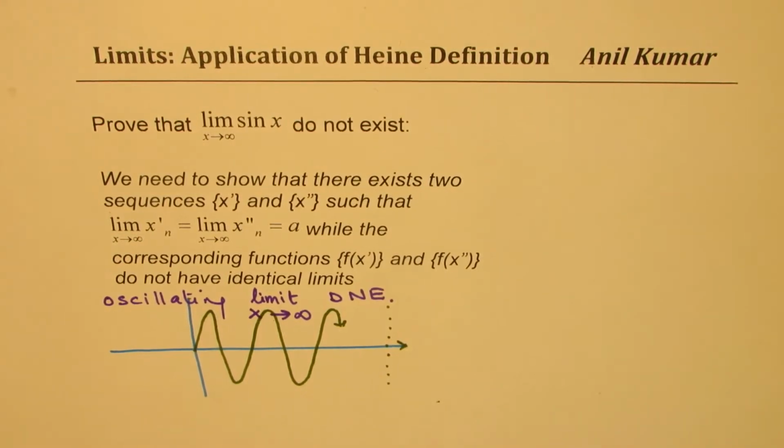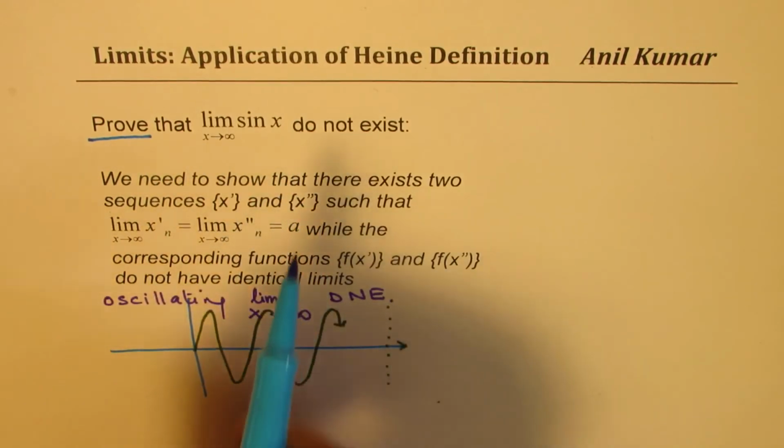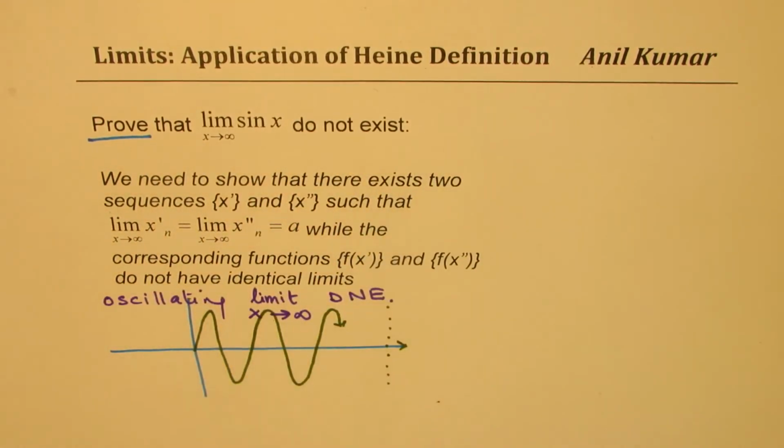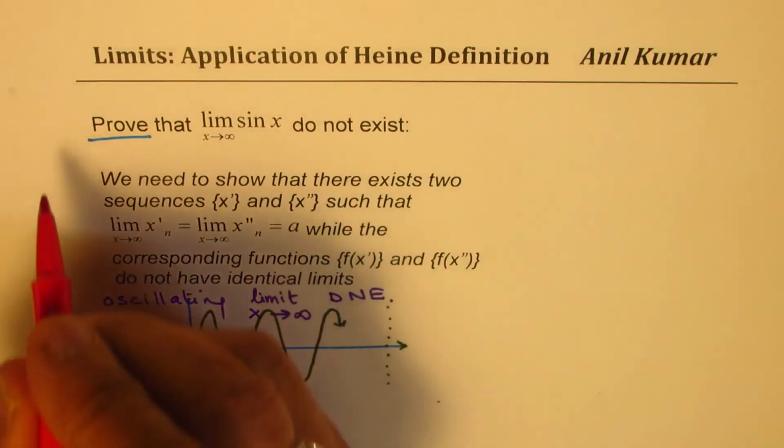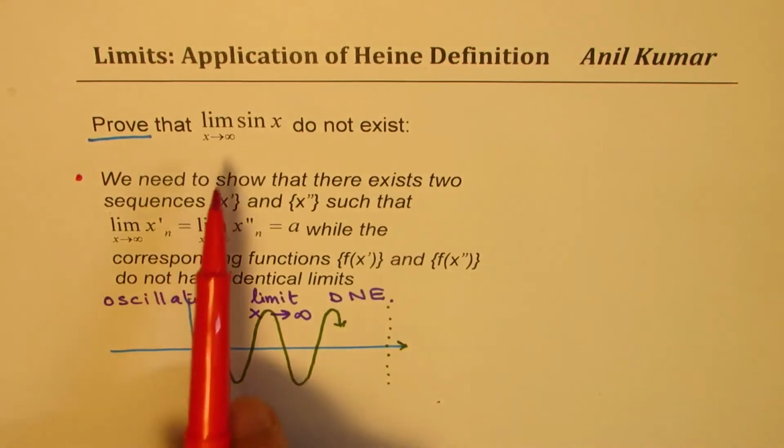Now we need to prove that this limit does not exist. How will you prove it? You can pause the video, answer this question, and then look into my suggestions. To prove this, I'm going to take help of Heine's definition. Let's understand the definition first and then we'll apply it.